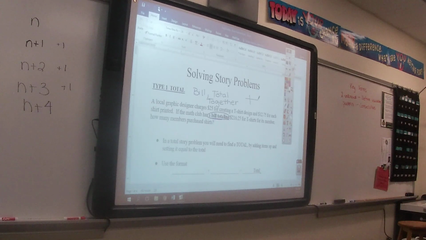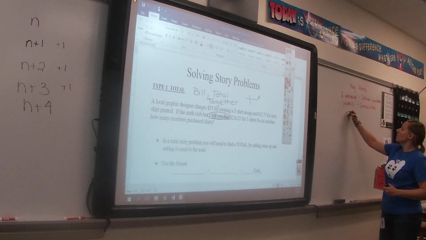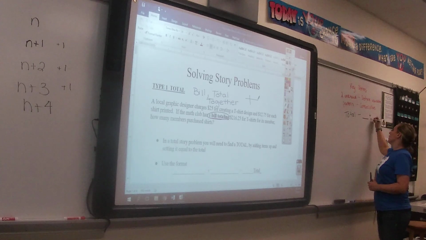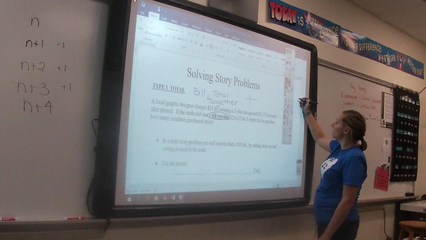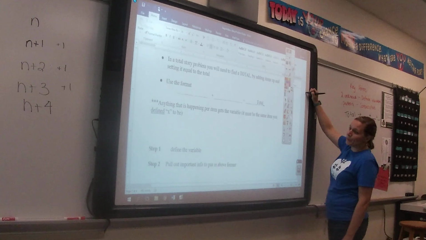We read a story problem, we see the word total, we go ding, ding, ding, blank plus blank equals blank, because every time we see a total story problem, it follows the same format. So now we're not completely flying in the dark. We've got an idea of what we need to be doing.